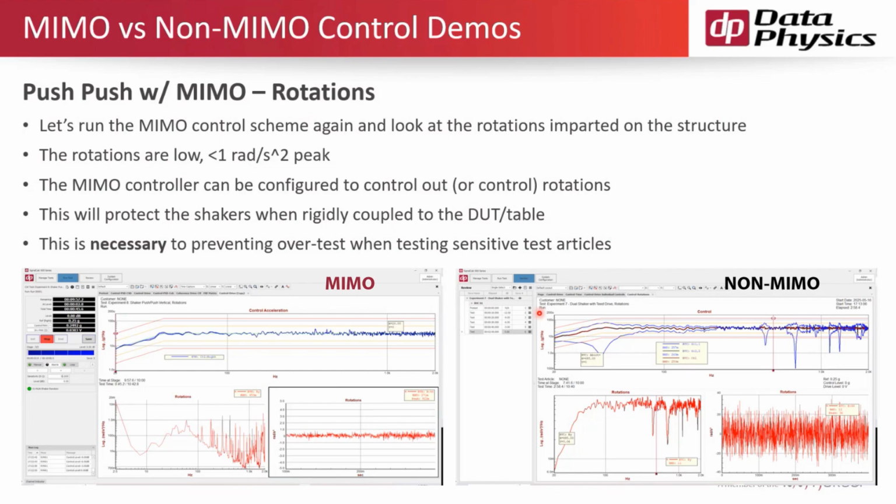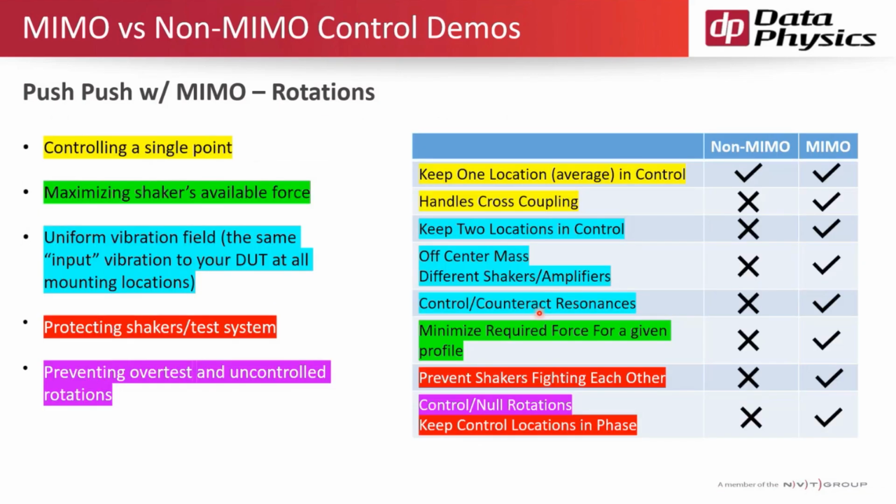With a single shaker controller, you don't have any ability to prevent those rotations from happening. So coming back to our complexities grid, the MIMO controller has all of the capabilities to prevent shakers from fighting each other, and to null out rotations and keep your shakers moving in phase.